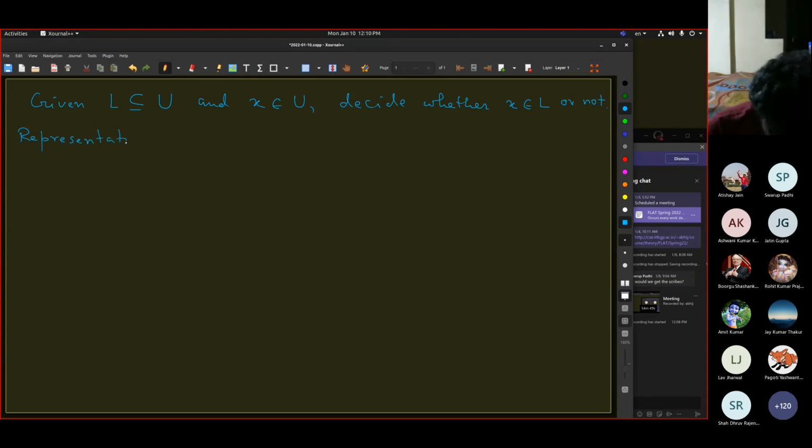so that I can make this notion a little bit more concrete. Here you see that I am giving two things to a machine for checking membership of X in L: first, one language, which is possibly an infinite set, and second, an element of the universal set.